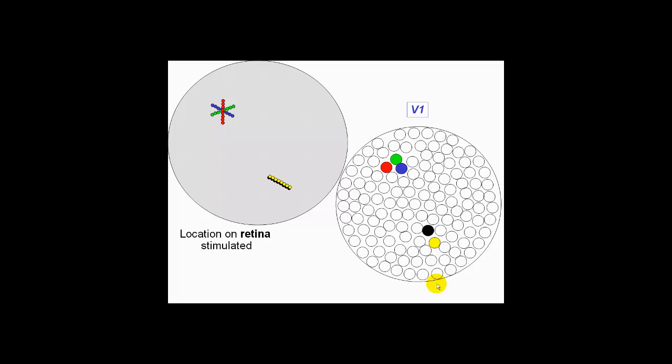In any case, you can detect these action potentials. We're recording from this red guy here, and we can detect the action potentials if it's firing. I'm not doing anything, no stimulus, and so it's pop, pop, pop, pop, pop, pop. And now I shine a light over here. Pop, pop, pop.